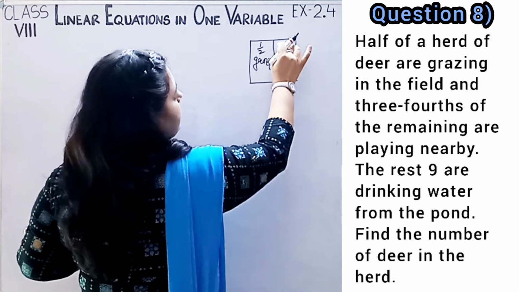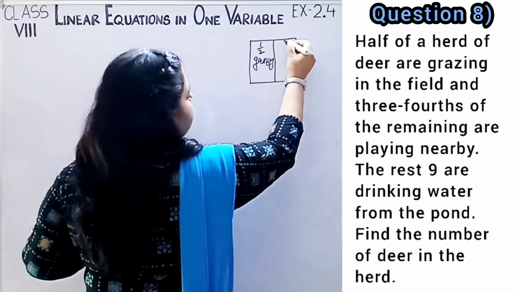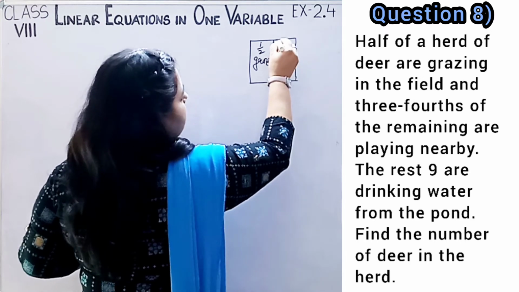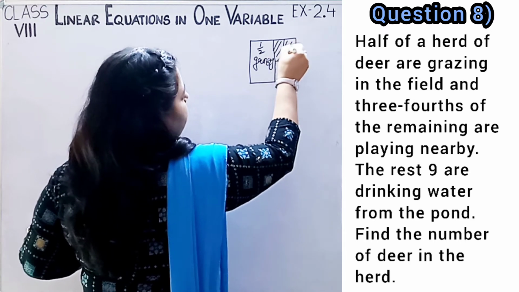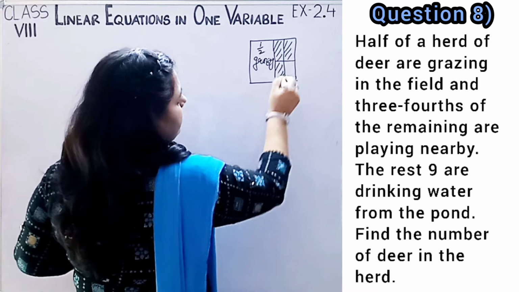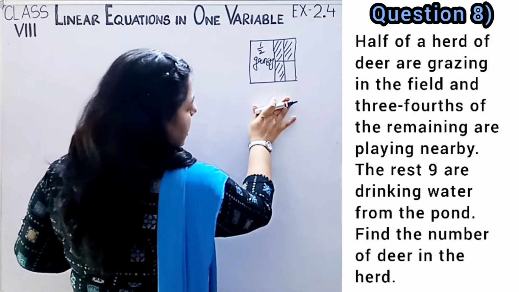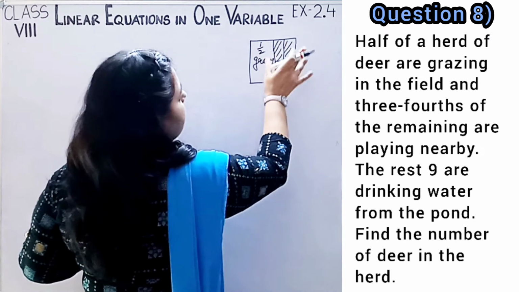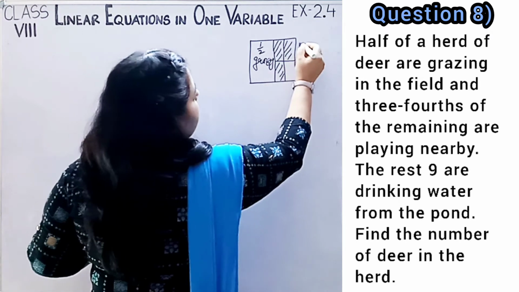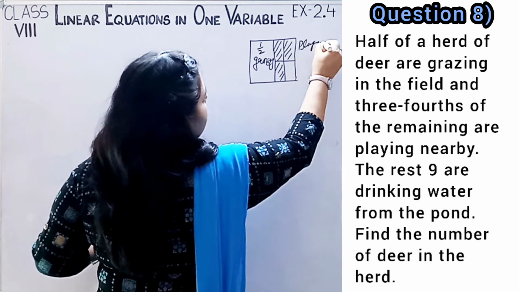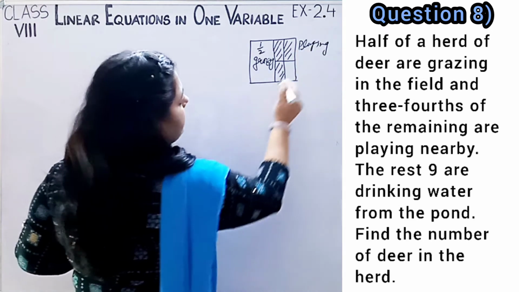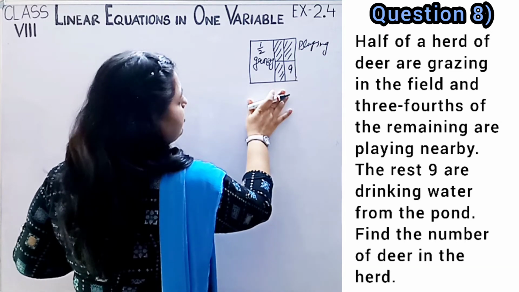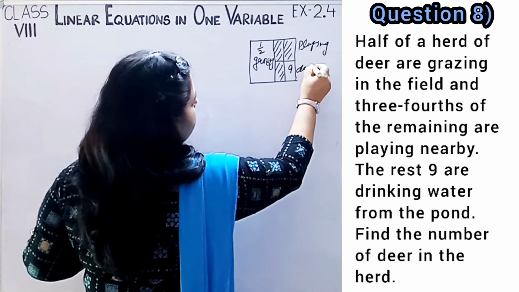It means there are total 4 parts. So 3/4 of this are playing nearby. This is 3/4 of remaining, and left are 9. This is 9. 9 are drinking water from the pond.